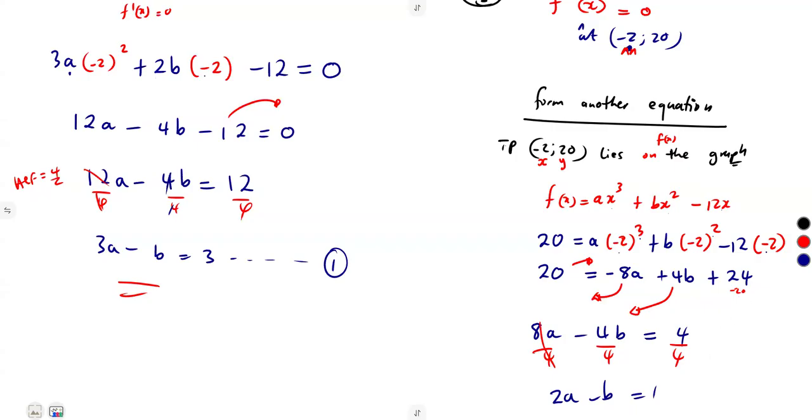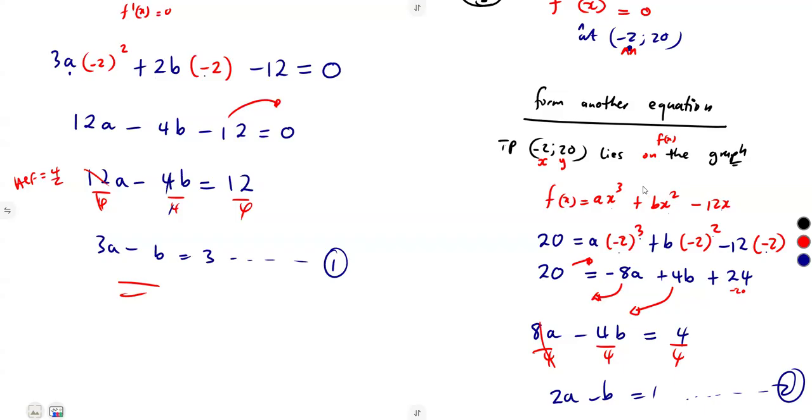So we have the second equation from the point negative 2, 20, which is our turning point. It lies on the graph, on our f of x. Besides that, it's a turning point.